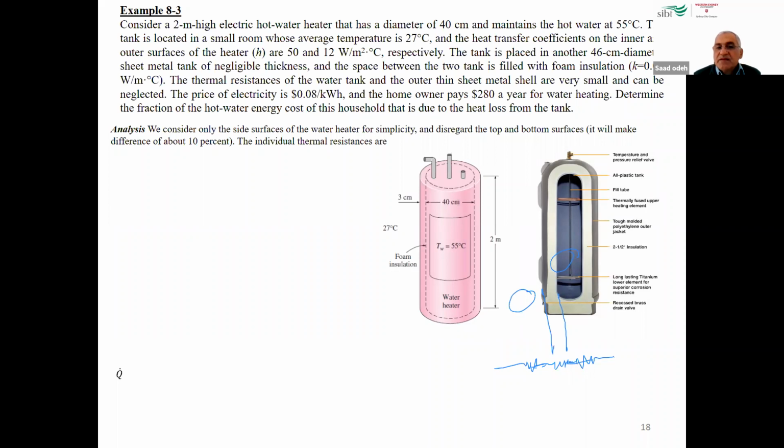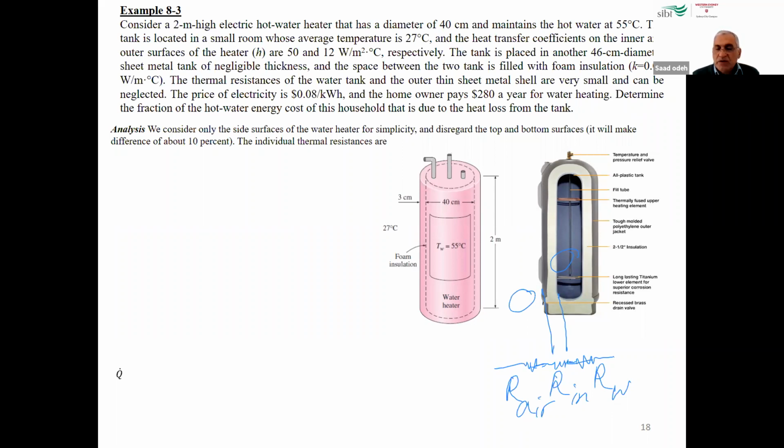Because they told us in the question to neglect heat transfer through the metal and only consider the insulation. So we have three resistances: resistance through the insulation, resistance through the water, which I call W, and here I call it air. So we have three resistances.